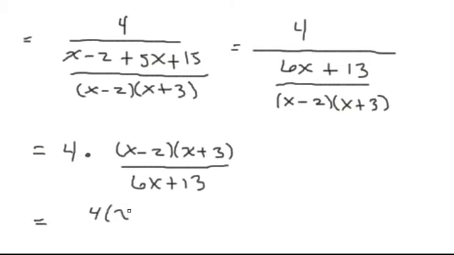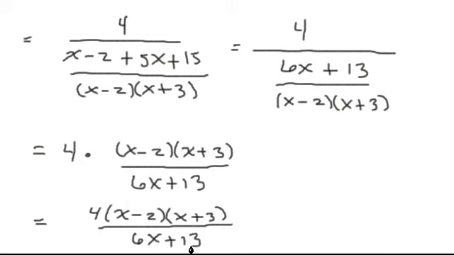Now, I'm just going to keep this stuff in factored form up here in the numerator. You can multiply this together if you want. Alright, so there we are. That's a done deal. Okay, moving on to bigger and better things, maybe, hopefully.